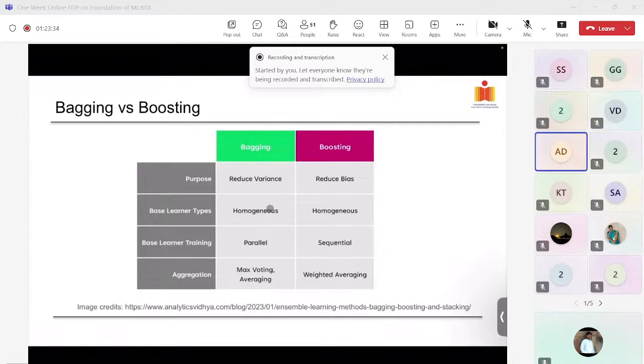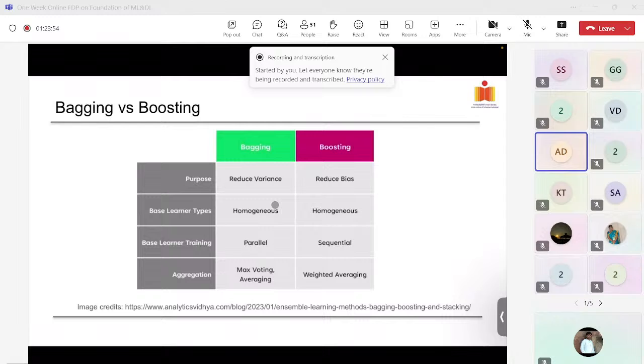Okay. Again, in these cases, the base learners need to be homogeneous. Typically people don't use a variety of logistic regression, SVM, all of these combined in bagging, because it's not really recommended. All of them have their own complexities of training.